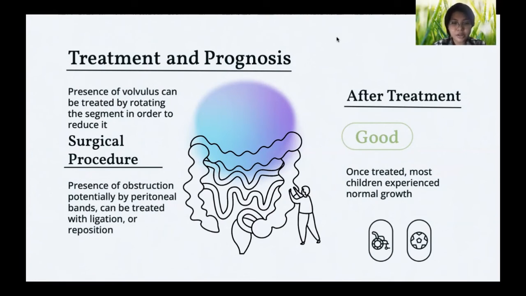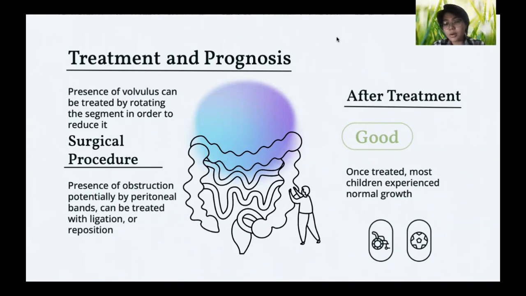In the case of any obstruction, we have to find out the main cause of it. Most of the time, it is a peritoneal band extending over the duodenum, causing an obstruction. The obstruction is treated with ligation or repositioning.